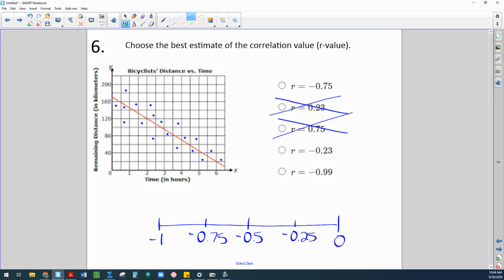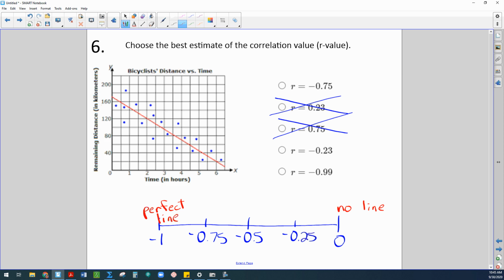At the end, I'm going to have a perfect line where every single point is on my line. It's a 100% correlation. At 0, I'm going to have no line at all that could be drawn.